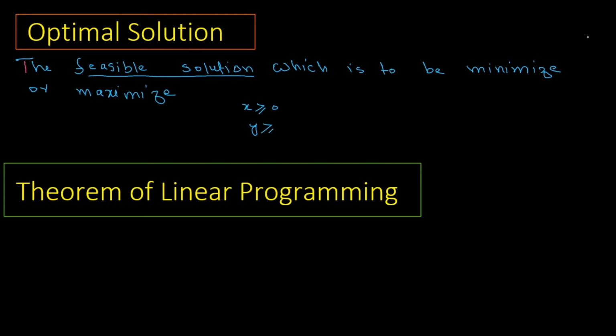Just as in the many examples we did in the previous lectures, if an example asks you to find the optimal solution, it means we want to find the feasible solution, which is the solution in the first quadrant.